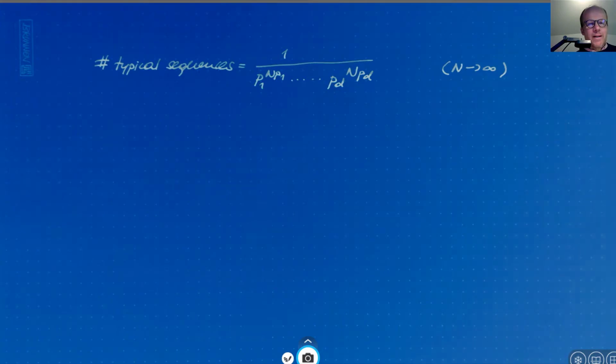Alice and Bob agree that they let the number of trials become large enough so that for all practical purposes all sequences are typical. And only then Alice communicates the result collectively of all these trials to Bob.